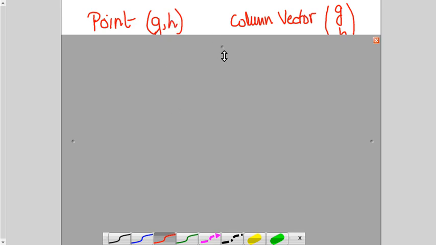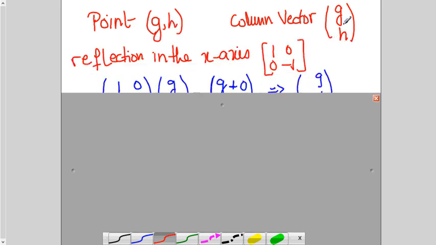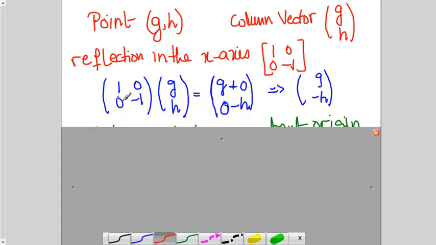So my point GH will become GH in the column vector form, and I'm multiplying it by the matrix of reflection in the x-axis. So I got these coordinates. I hope you remember multiplication. This by this. Okay. 1 G is G plus 0 H is 0.